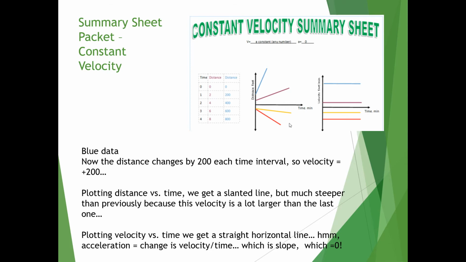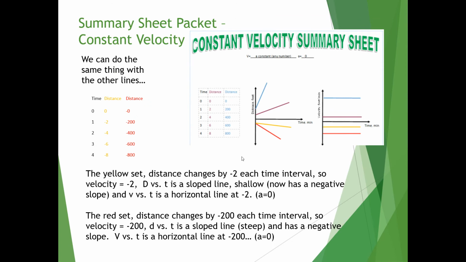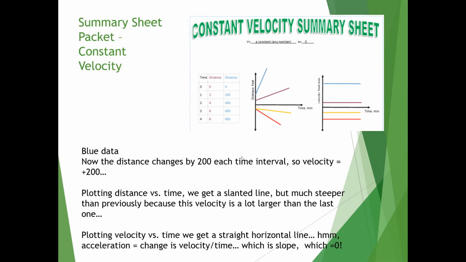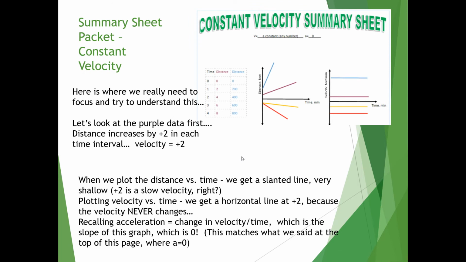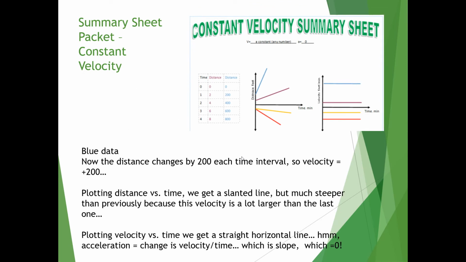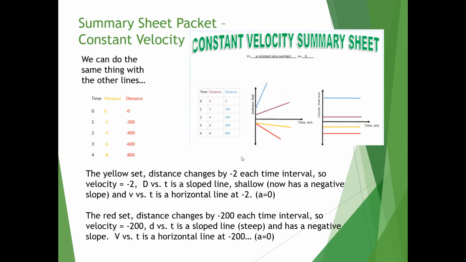So we're going to look at some of these, and we're just going to keep on working and practicing on this. So with the next ones, I did the same thing with some yellow and red. So yellow, I only had it going negative. So our distance ended up going -2, -4, -6, -8. And we ended up with a fairly small value of -2 for our velocity.